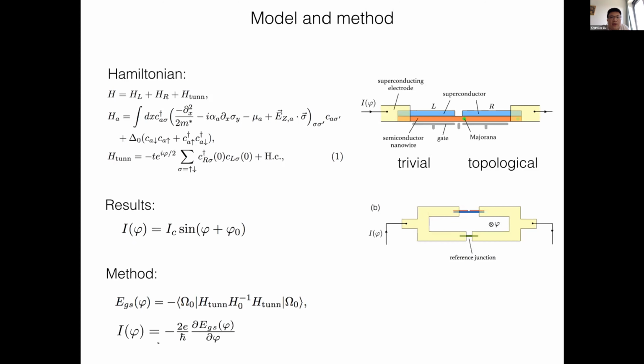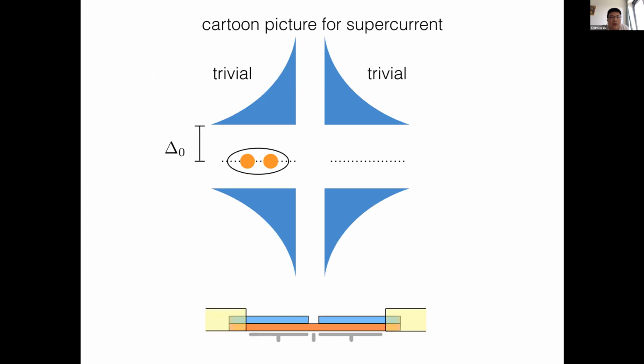All right, so first I want to talk about the supercurrent in a conventional Josephson junction between two trivial superconducting leads. The supercurrent can be induced by the tunneling of Cooper pairs, and the tunneling process of the Cooper pair can be understood as a two-step process.